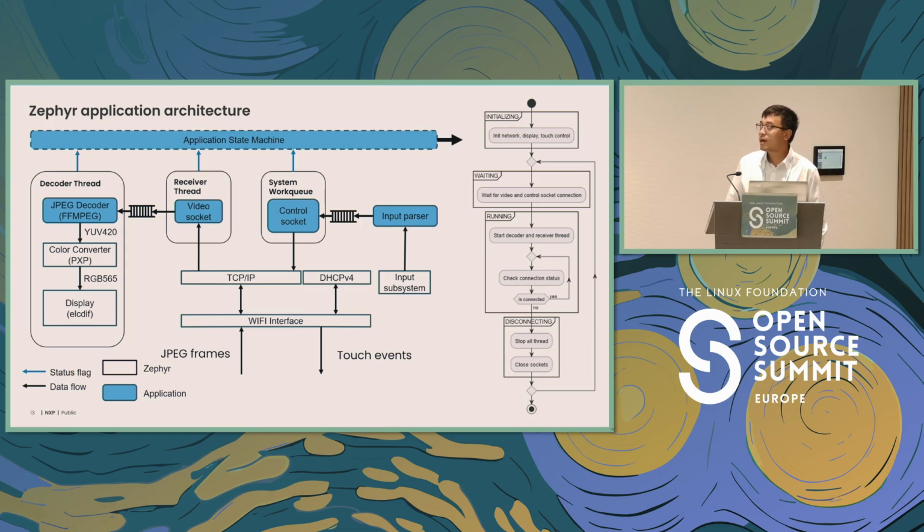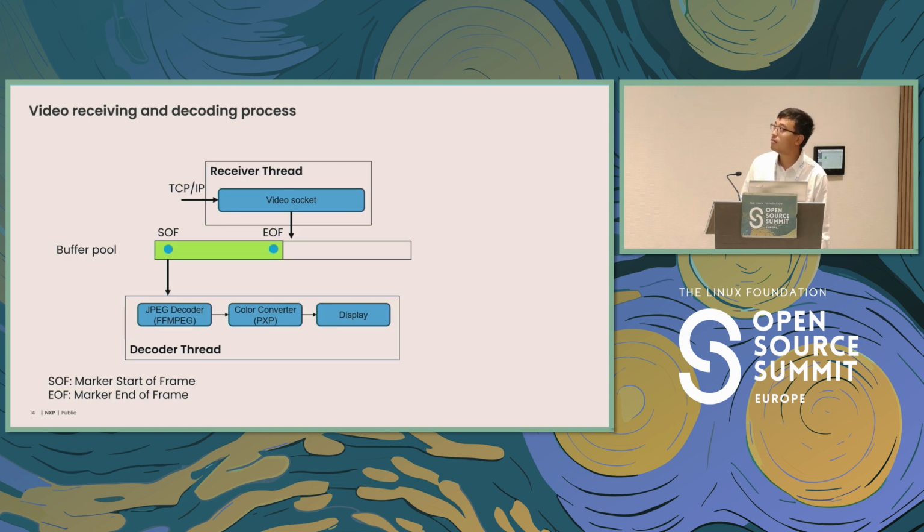However, the difficult part here is the buffer pool for receiving the JPEG image, because the JPEG image is not fixed, it is of variable length. So in order to do that, we use a buffer pool that will hold a complete JPEG image. As a reminder, a JPEG image begins with a start of frame marker and ends with an end of frame marker.